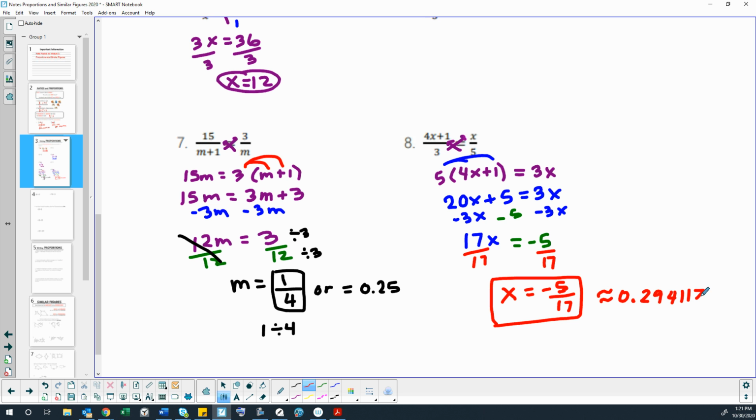So I'm just going to write down as many as my calculator is giving me at the moment. But then if I wanted to, I could just round that to maybe 2 or 3 decimal places. And these squiggly lines right here tell me that I'm just finding an approximate answer for the fraction that is exactly negative 5/17. Oh, I just realized that I forgot to put a negative on my answer, because a negative divided by a positive is going to be negative.